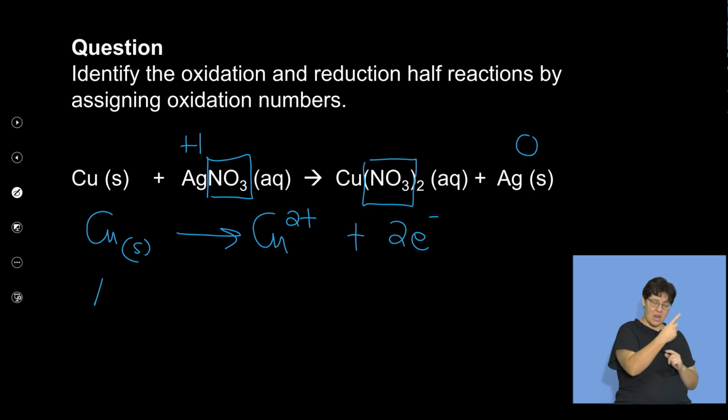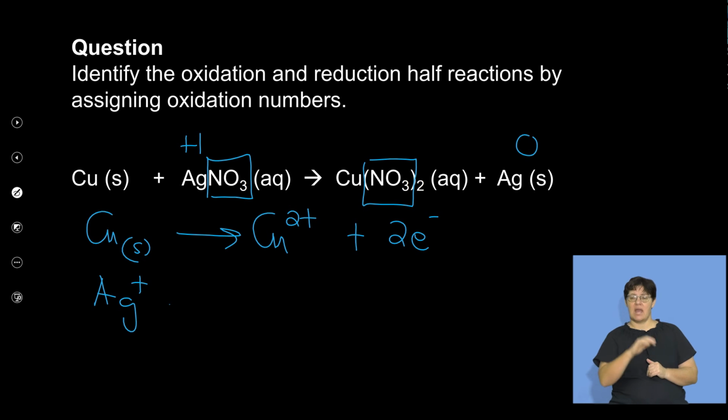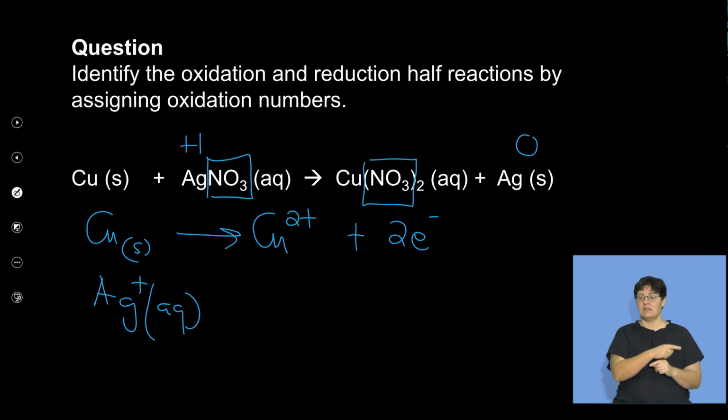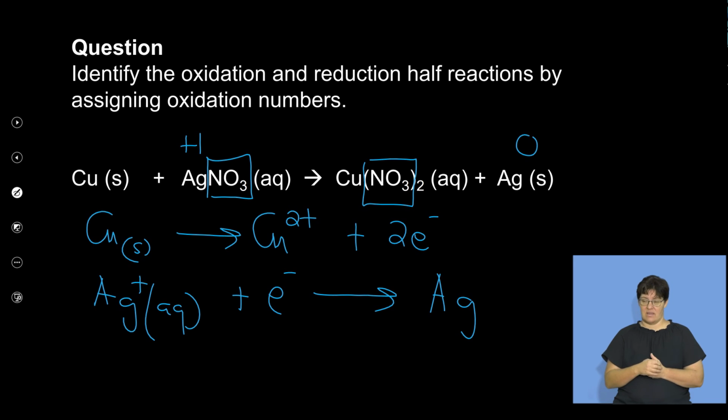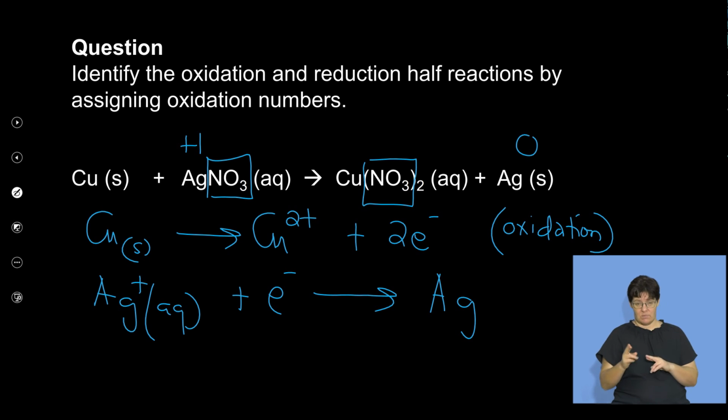So we can say Ag+, the silver on the left-hand side, which is +1, plus an electron gives us silver metal, which has an oxidation number of 0. So the copper half reaction is oxidation, which has to do with the loss, and this is reduction, which has to do with the gain of electrons.